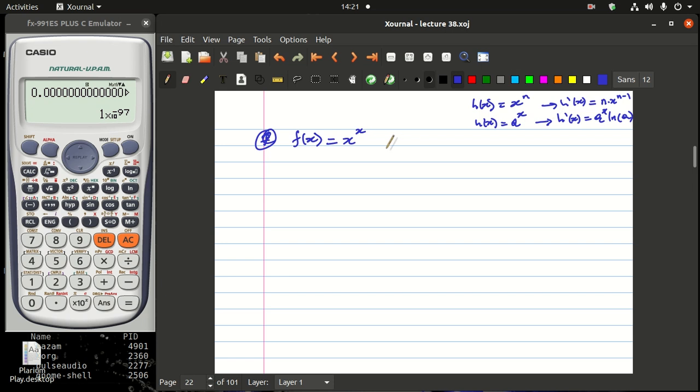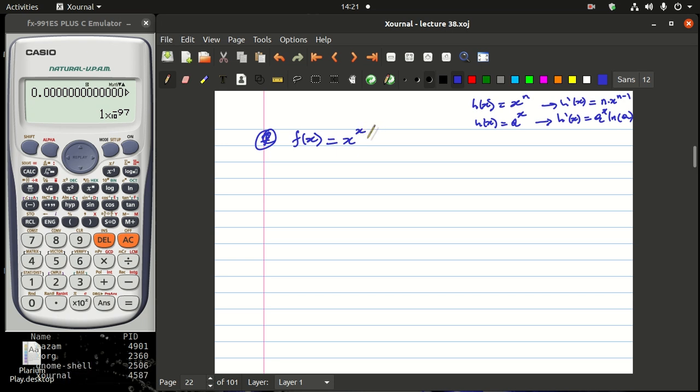But now I have this problem here. I have x raised to x, in other words, an independent variable raised to an independent variable. How do I deal with that? This one is a power function. This one is an exponential function. But if you look into this, an exponential function is an independent variable raised to a constant. This is not a constant.